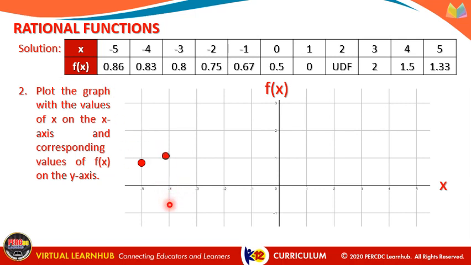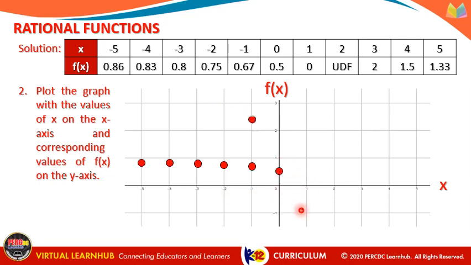So, medyo malapit-lapit yung dalawa. Next, at -3, it's 0.8. Somewhere here, kunyari. At -2, it's 0.75. Tansyahan na lang. At -1, it's 0.67. And at 0, it's 0.5.